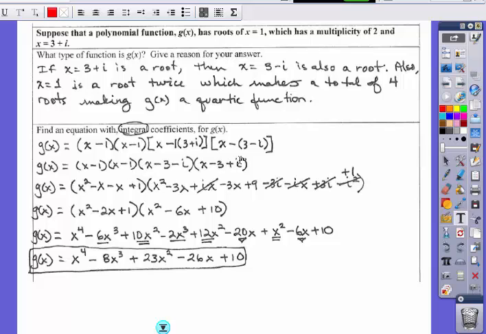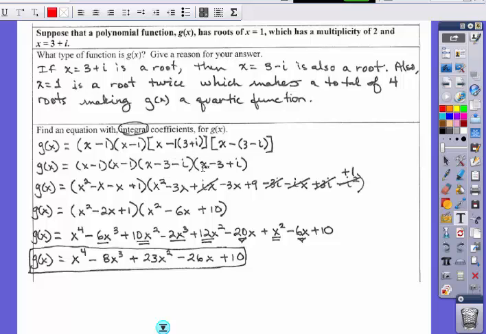Then for working with these two here, you're just distributing through. So I'm going to take this x and multiply it through everything in the last parentheses there. So x times x gives me x squared. Then x times negative 3 gives me negative 3x. Then x times the i gives me plus ix. Then we're going to take this negative 3 and multiply it through everything in that last parentheses.